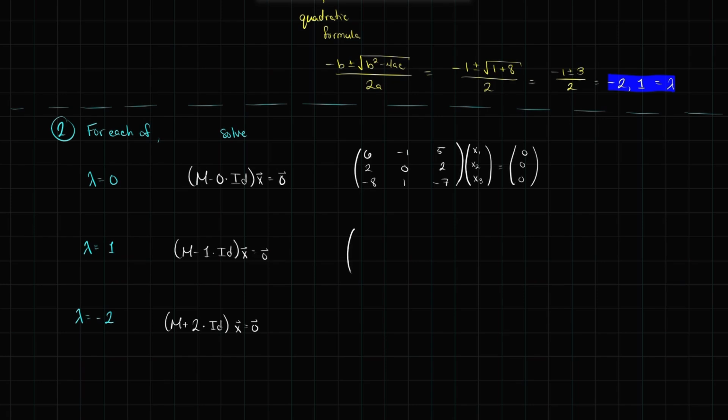In the second case, the matrix will have to subtract 1 from the diagonals. Against x1, x2, x3 is equal to 0, 0, 0. And in the third case, I'm subtracting negative 2, also known as adding 2, to each of the diagonals.